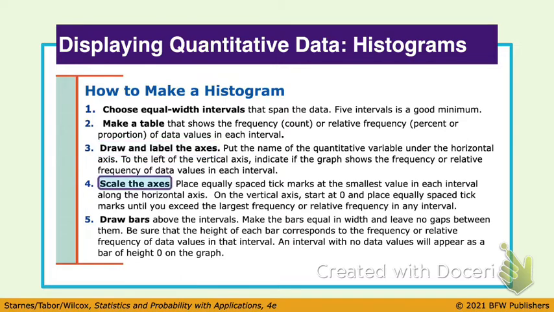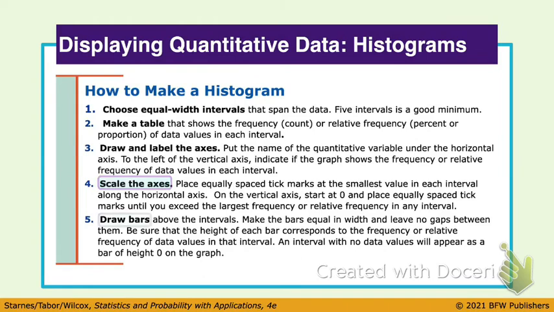We will put the scale on each axis. We'll make sure that we put the values for each tick mark on the x, and then again on the y. What do you have to start the y-axis at? 0. The vertical axis, we want to make sure we start it at 0, and that way we're not messing up any kind of visual that it might have.